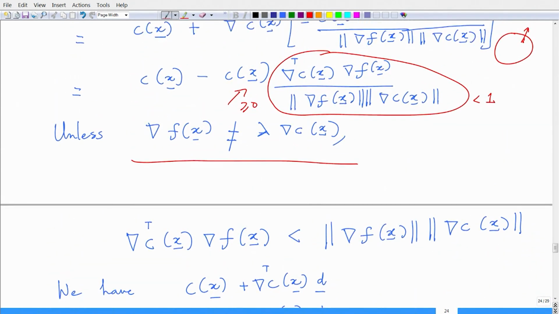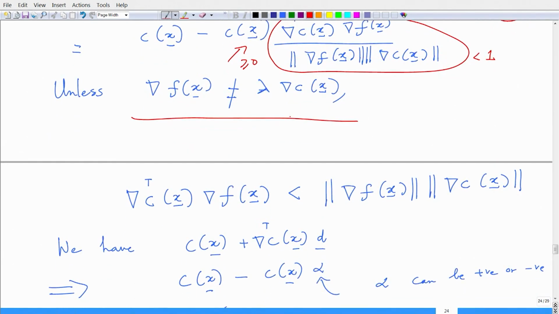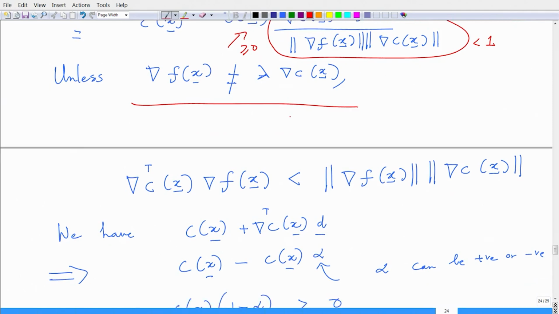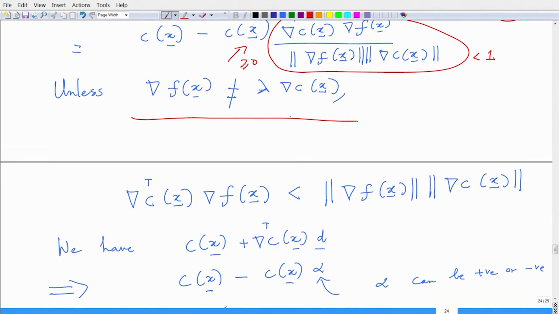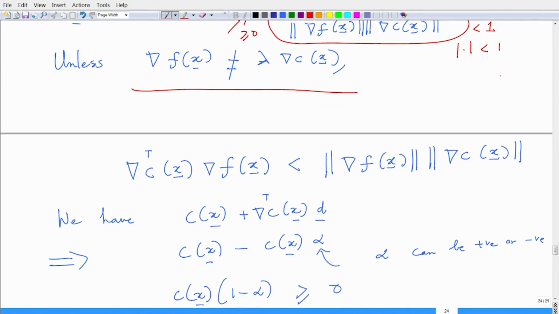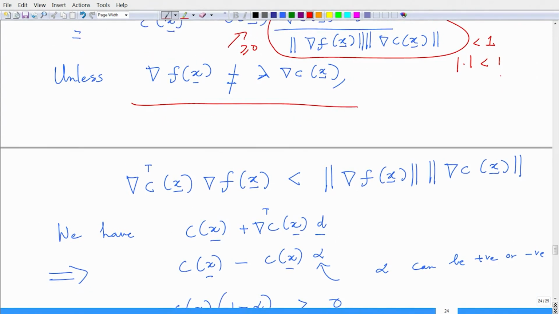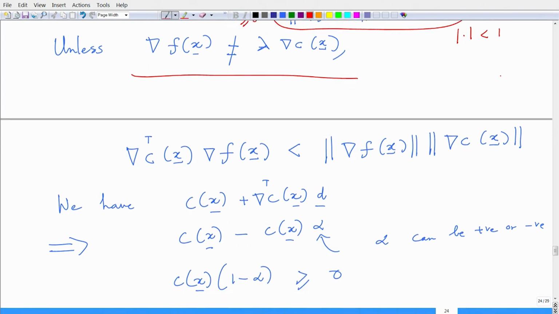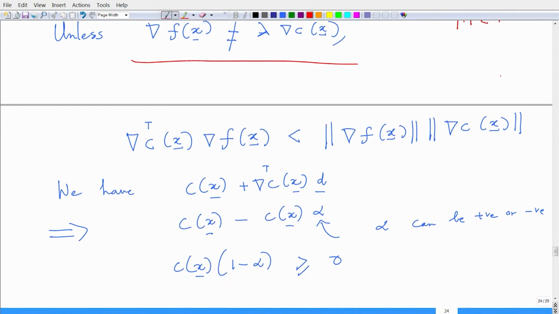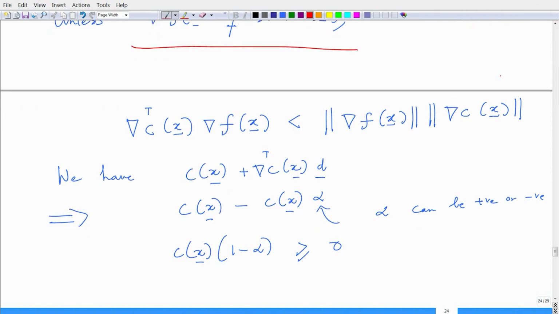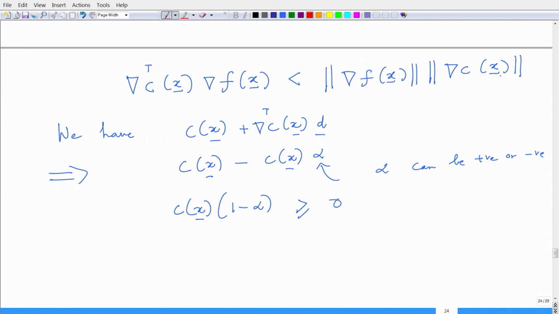What we have here is this whole quantity that I have circled in red evaluates to some alpha, which can be positive or negative, and in absolute value is strictly less than 1. And what I have here is C of x minus C of x times alpha, where alpha can be positive or negative, but the absolute value is less than 1. We simplify this as C of x times 1 minus alpha.